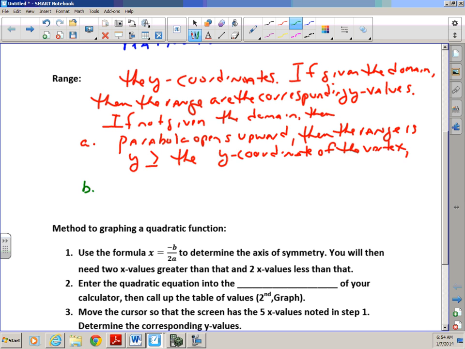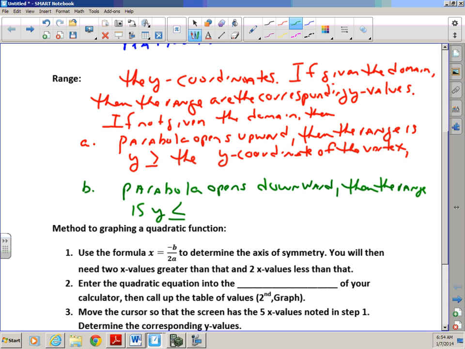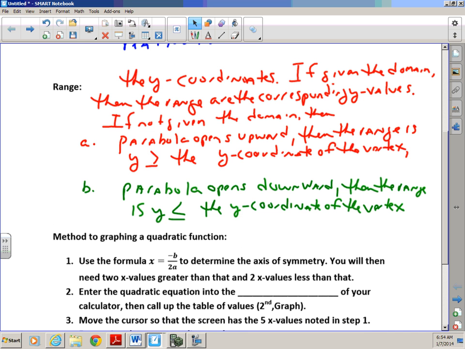If the parabola opens downward, then the range is y is less than or equal to the y-coordinate of the vertex. And again, when we go through some examples, this will be, I think, very apparent to people.